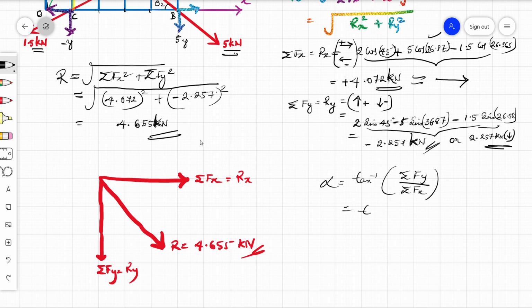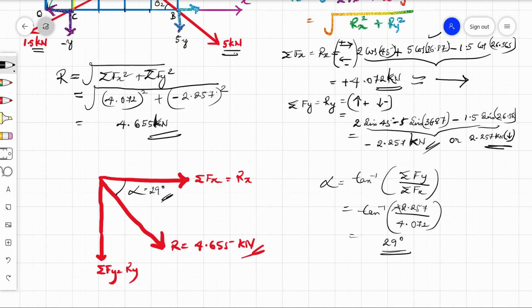So tan inverse of 2.257 divided by 4.072. The value you get is approximately 29 degree, and this will be your alpha. We are not taking the negative sign over here, as such.